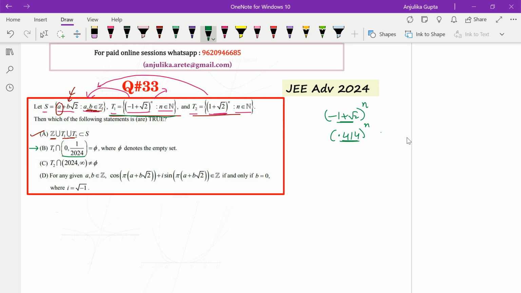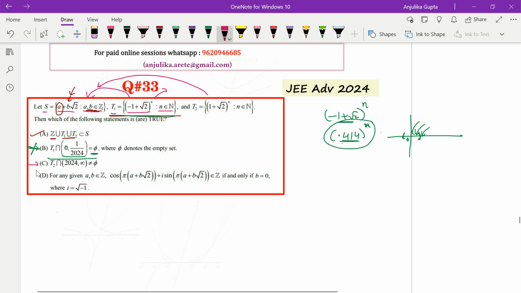So if you keep raising n, in the neighborhood of 0 there will be infinitely many elements of the set. But they are giving a neighborhood of 0 and saying there is no intersection with T1, that it's phi, which is completely untrue. This is not true because there will be infinitely many elements in the neighborhood of 0.